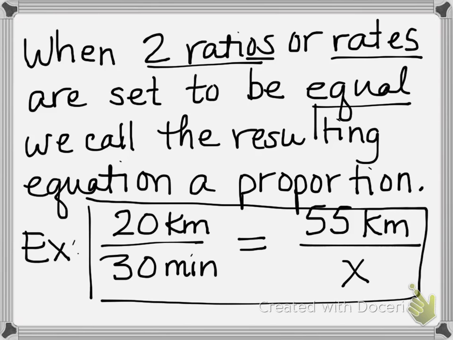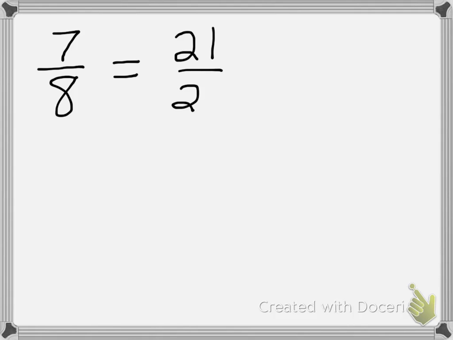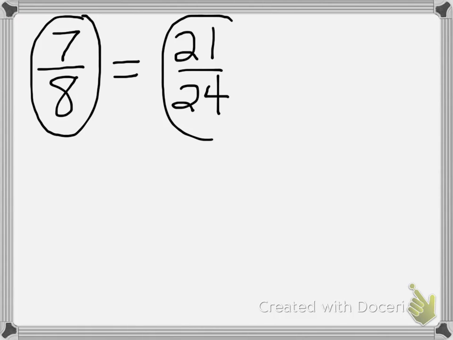Alright, now let's go to the next screen. So here's another one. Here we have 7/8 equals 21 over 24. Now, in this case, we don't have any units, but we do have a ratio equal to another ratio.